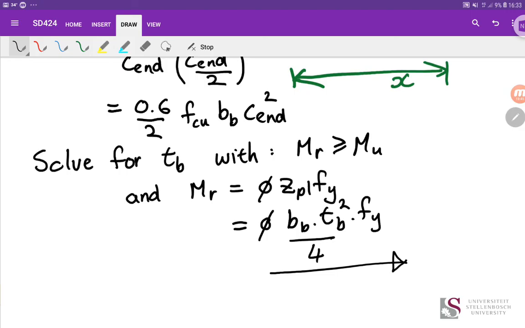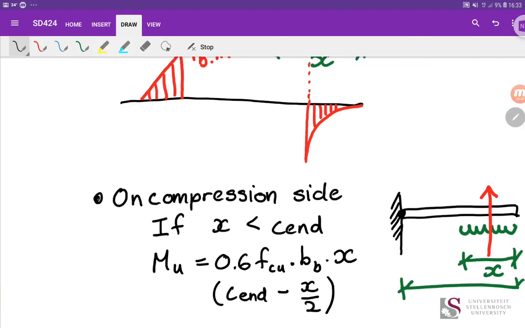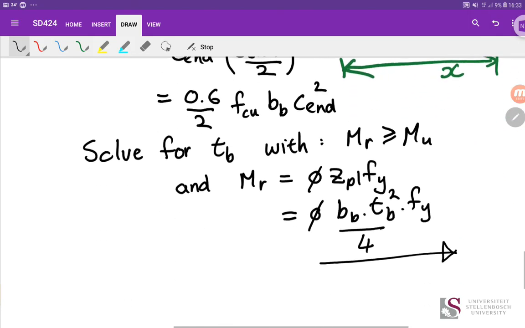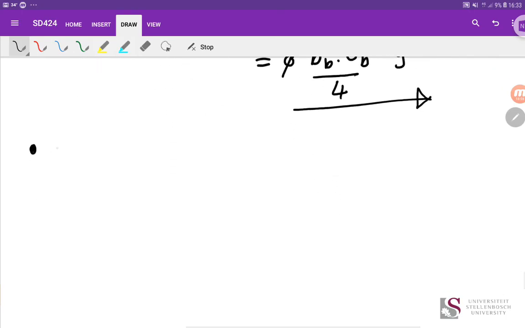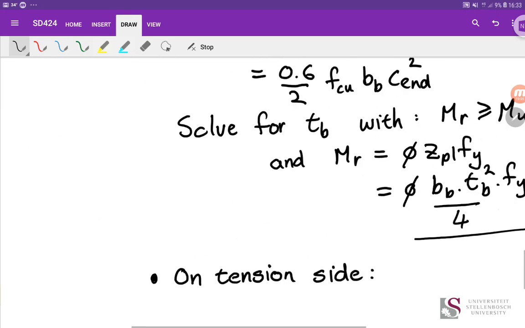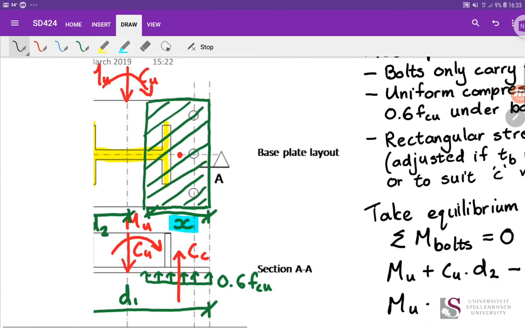However, now this covers only the compression side. We now need to go onto our tension side. So once again, on tension side, this side is a little bit easier. What we do, just to illustrate what's happening here, I'm going to go back to our diagram.